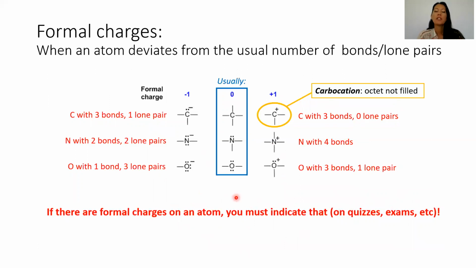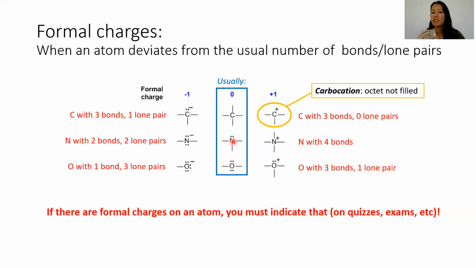This is a slide to show you just the most important ones, the most common ones you see. Usually, carbon, nitrogen, and oxygen have this bonding, and the formal charge is 0. However, as we saw in the previous slide, if oxygen, instead of one of its bonds becomes a lone pair, it has a minus charge.